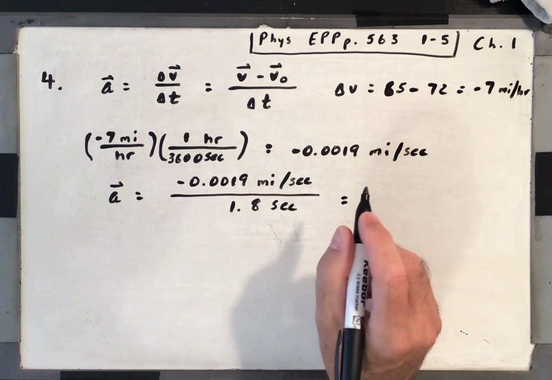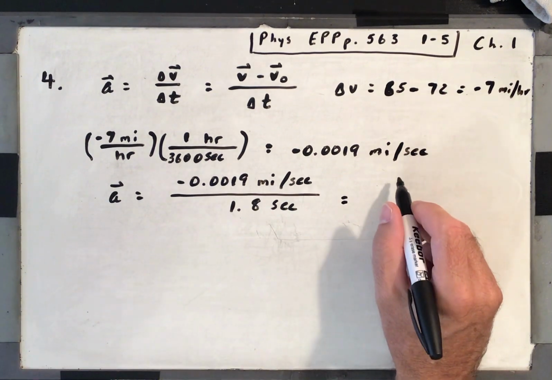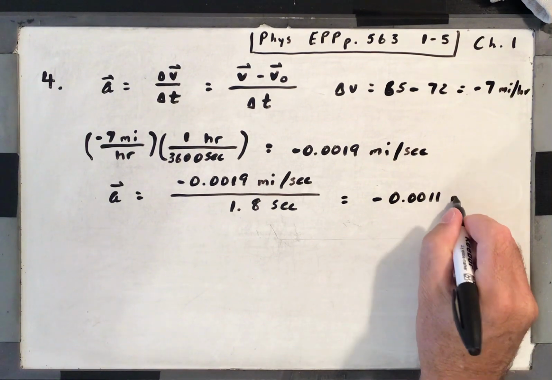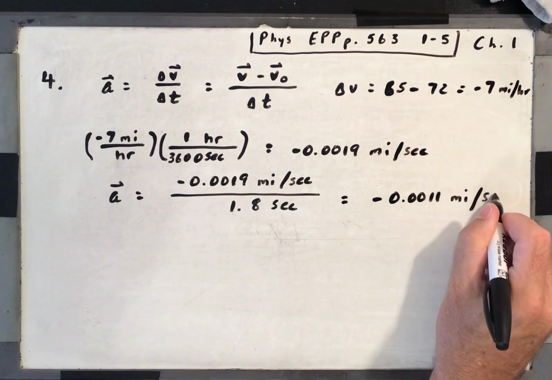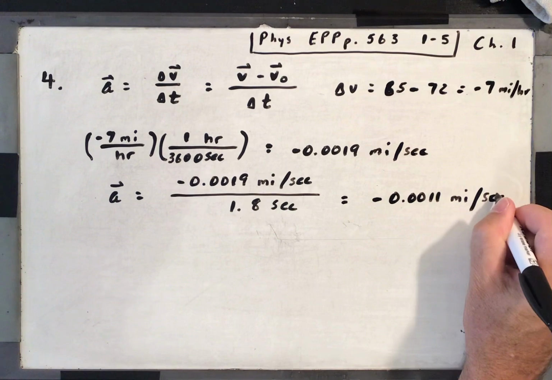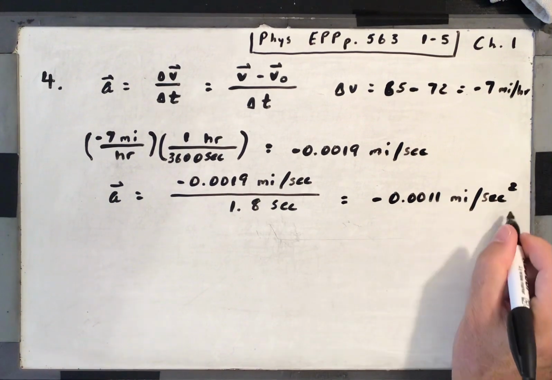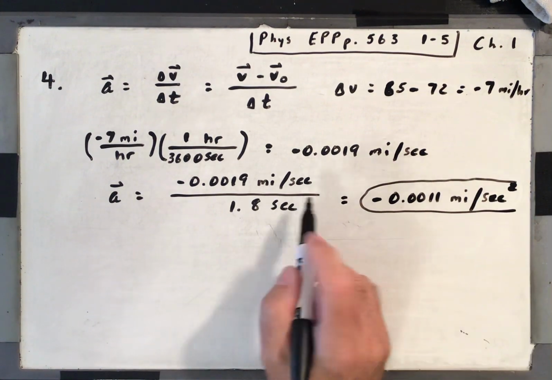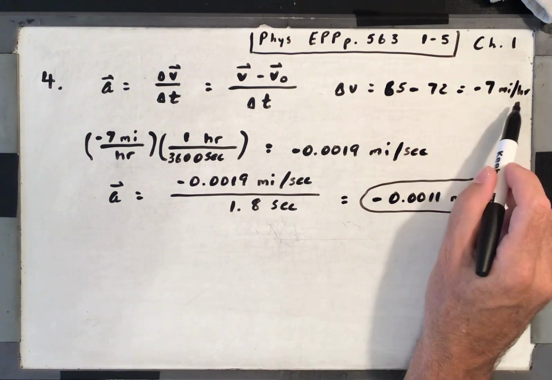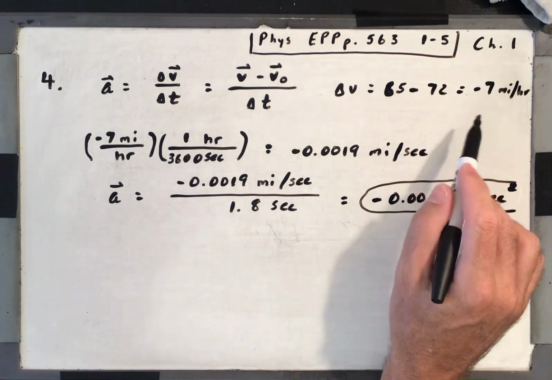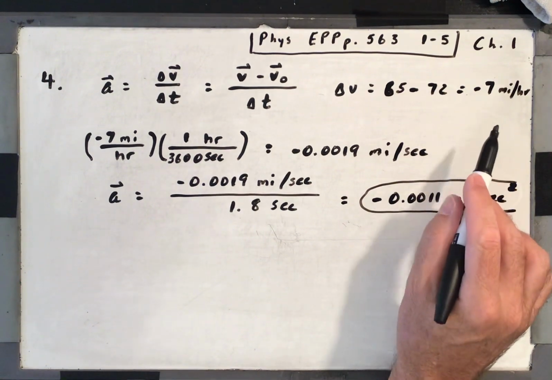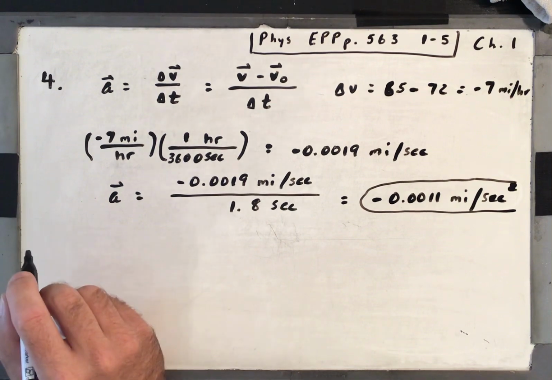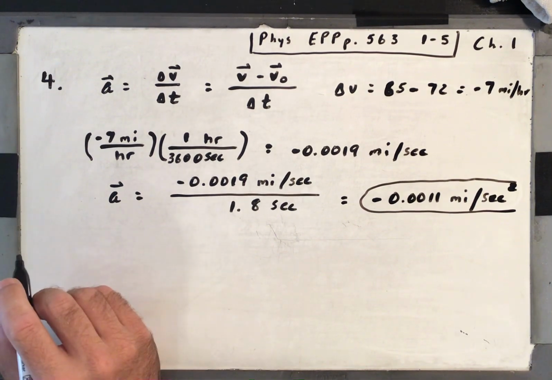And that will give you minus 0.0011 miles per second squared. All right, if you missed that because you didn't do the unit conversion, you left this in miles per hour, this is a good problem to remind you to pay attention to the units and be careful. You will, on the test, have to do some unit conversion for sure.